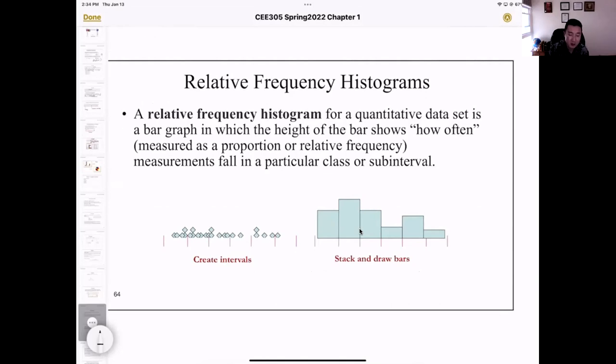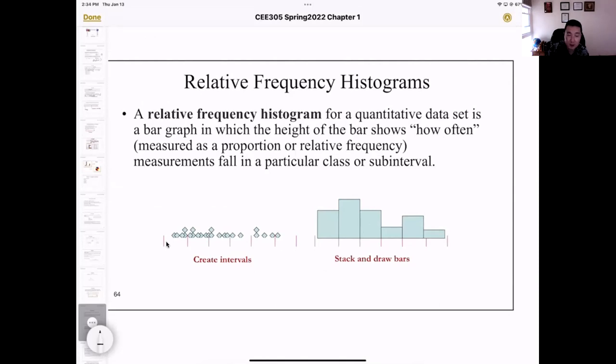This is a relative frequency histogram. The height of the bar shows how many times a certain value occurs. It can use proportion or relative frequency as the height of the bar.